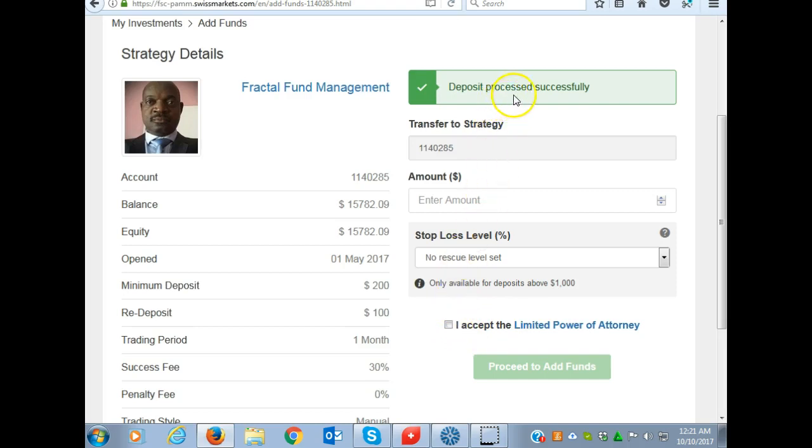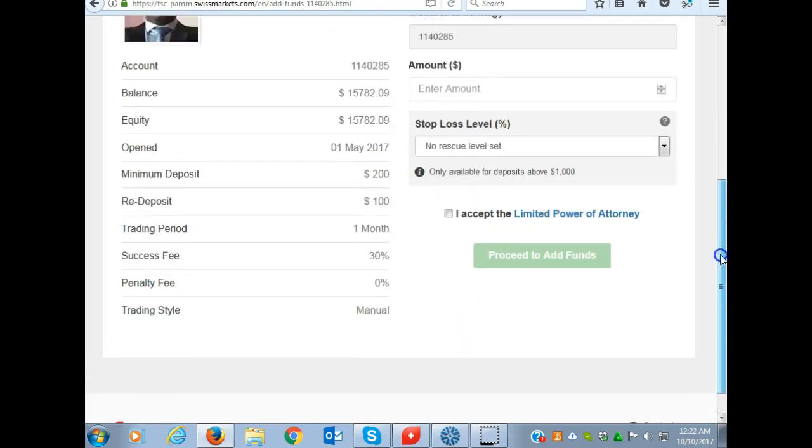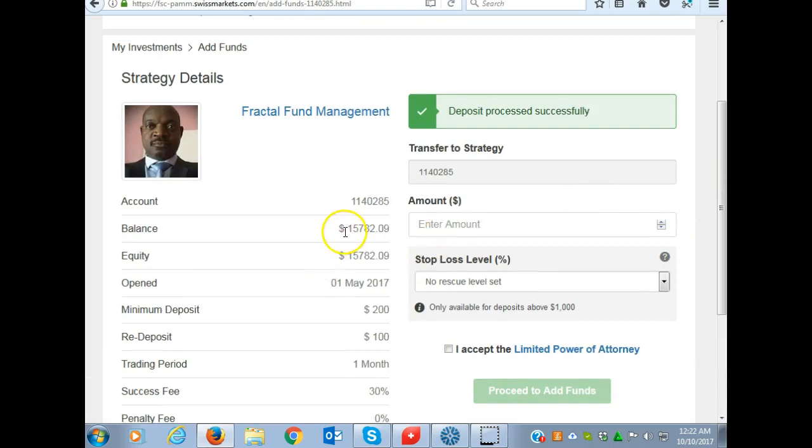Deposit process. So this money will now appear tomorrow after say 12 o'clock in my account. What I have just done is reinvest my profit.